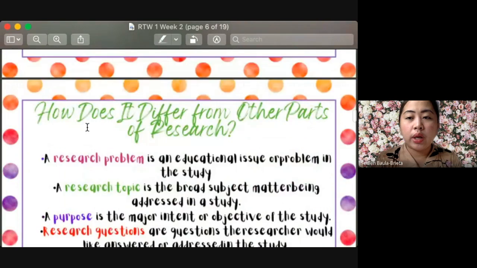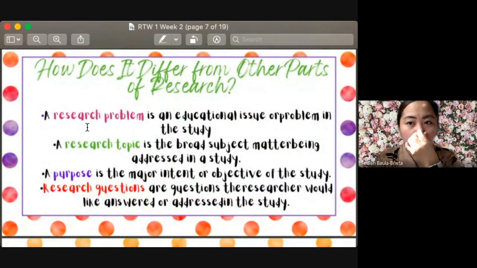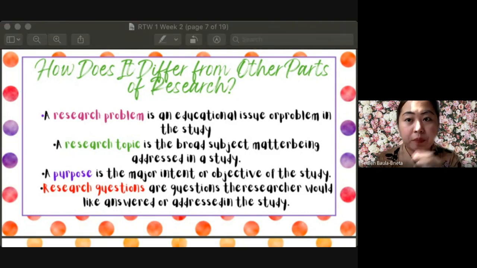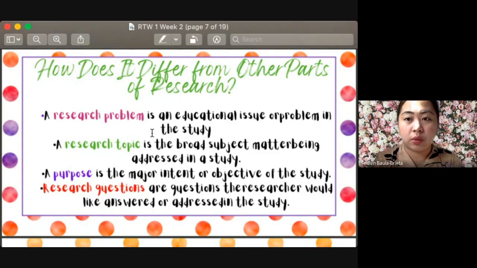Now, once you have identified your research problem, you have to undergo a process. But that process would only be possible if you know the differences of these terms. You have to know that a research problem is different from a research topic, from a research purpose, and from research questions.